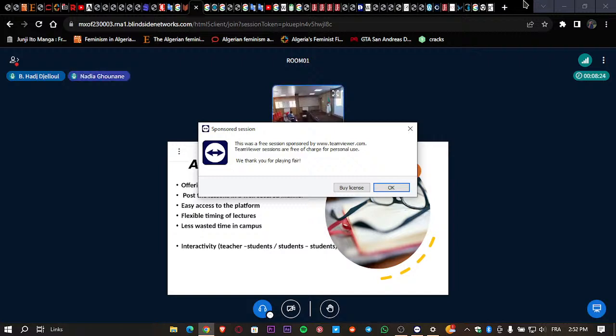The teachers or the instructors also stated that they have the possibility to post their lectures in a well-structured and easy manner on the different platforms used, including the Moodle platform and other platforms like Google Meet and Google Classroom, as well as Zoom.